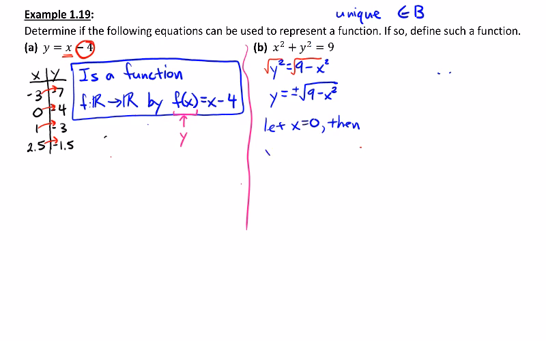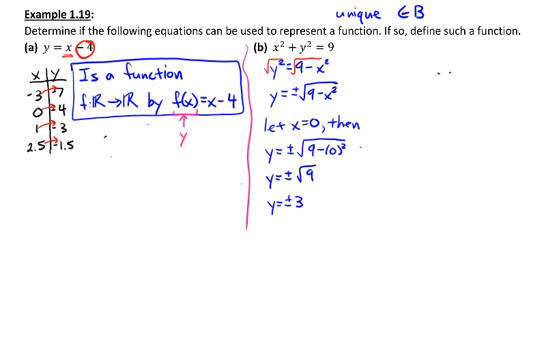Then I'm going to have this statement, y equals plus or minus the square root of 9 minus 0 squared, which is going to become y equals plus or minus the square root of 9, which is then going to say y equals plus or minus 3.